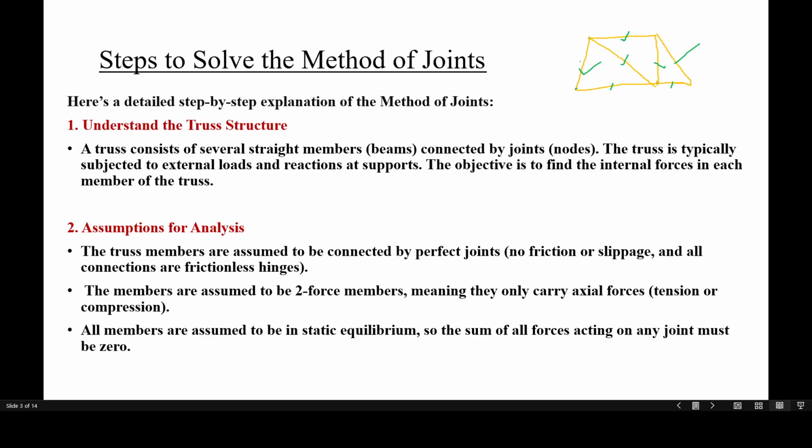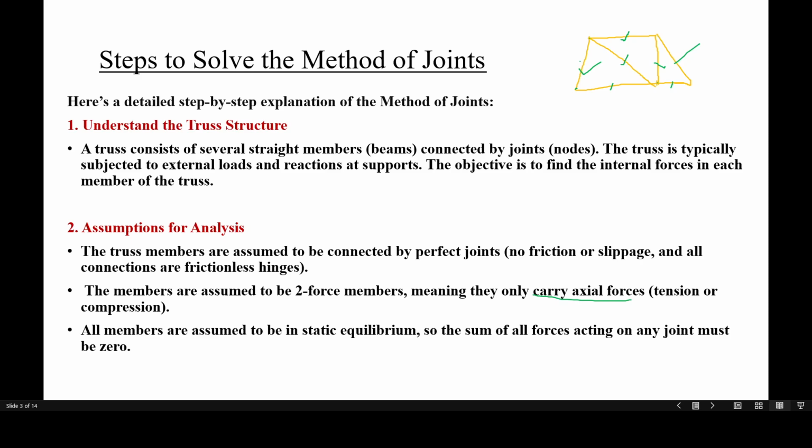The second step is to make some assumptions for analysis. Here we assume that the truss members are connected by perfect joints with no friction, meaning they are frictionless. The second assumption is that the members are treated as two-force members. This means that each member only carries axial forces, either tension or compression.